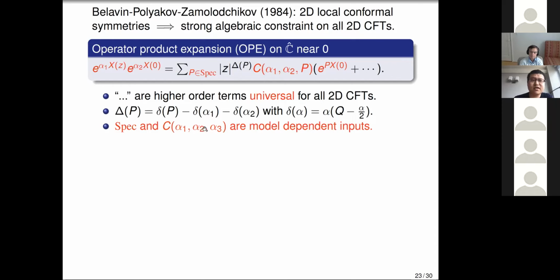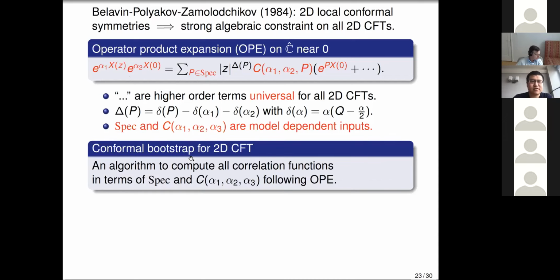From here, this gives a mechanism to reduce from an n-point to an n minus 1 point function by applying this mechanism. The so-called conformal bootstrap for 2D CFT is the algorithm to compute all the correlation functions in terms of this spectrum and this 3-point function following this OPE procedure.